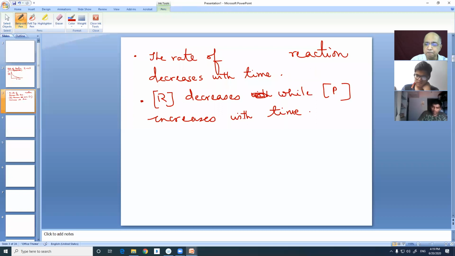But obviously, while you are proceeding from left to right, the reactant concentration is progressively decreasing and the product concentration is progressively increasing. But the rate of reaction decreases.